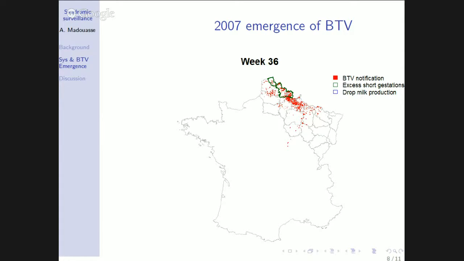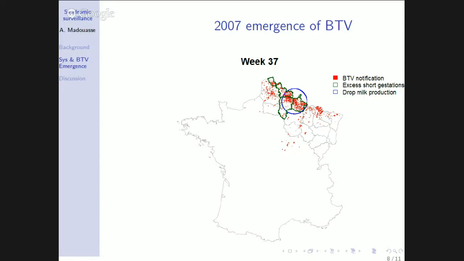This is progressive, and we get the first alarm, an excess of short gestation here, on week 36, that is 8 weeks after the first observed case. Week 37, we get a few more. These are departments, or administrative units. And for milk production, we use a different method, so we were getting circles.